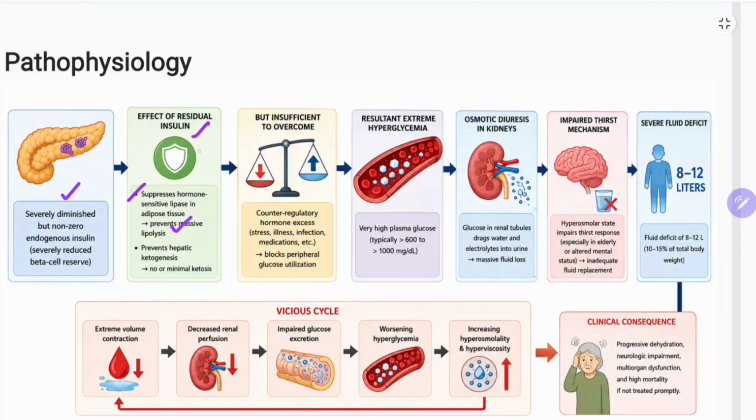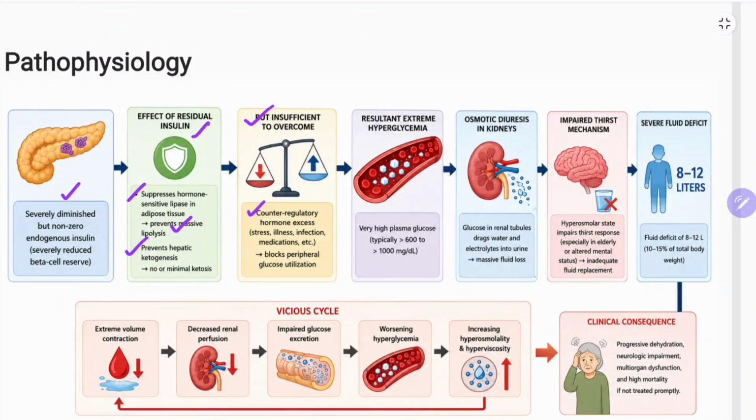So some amount of insulin is there, and that amount of insulin will suppress the lipase enzyme. That's why lipolysis is suppressed, which will prevent ketosis. Okay, but that amount of insulin is insufficient to overcome the hyperglycemia.